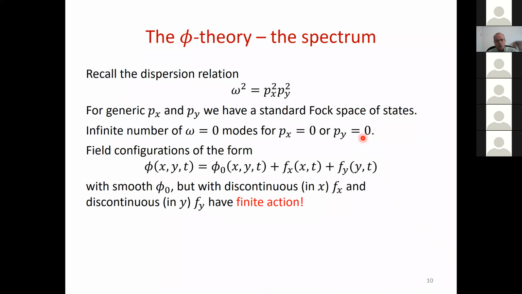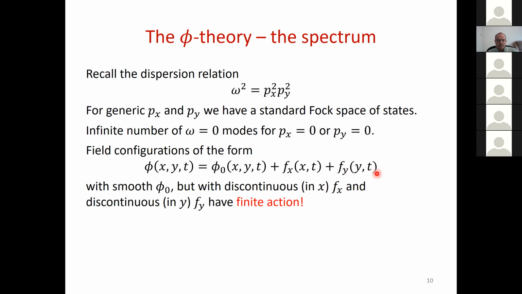So if we write phi, our arbitrary function in the functional integral, as phi 0, which is completely continuous, plus a discontinuous function of x and a discontinuous function of y, the modes with either Px or Py equal to 0 are these modes.